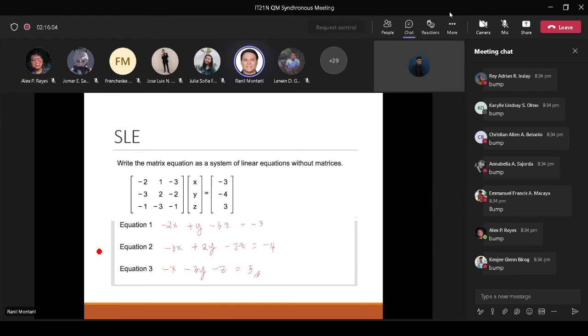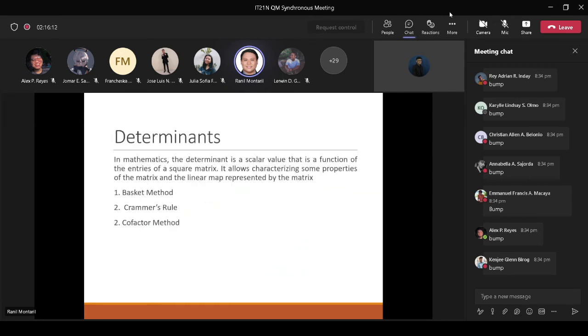standard form. So I will teach you one for standard form and one for augmented matrix. So let's start with the standard form. In the standard form, we need to get the determinants of a matrix. In mathematics, the determinant is a scalar value that is a function of the entries of a square matrix.